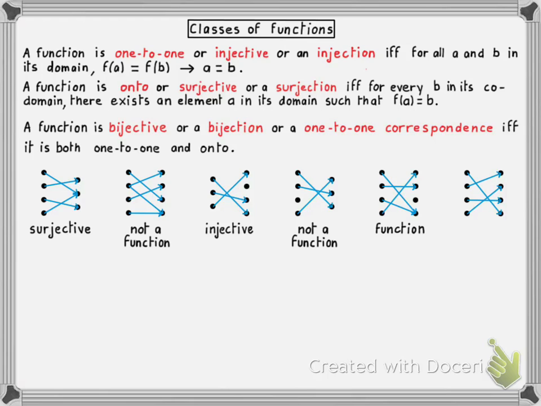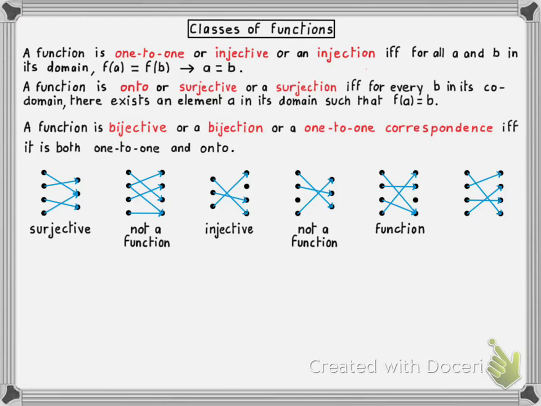Okay, this one is not a trick. This is definitely a function. I hope you agree. Is this function injective? The answer is yes. There are no elements in the codomain that have more than one pre-image. Is this function surjective? The answer is yes again, because every element in the codomain has at least one pre-image.